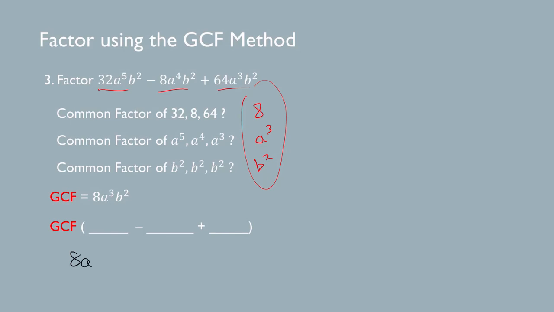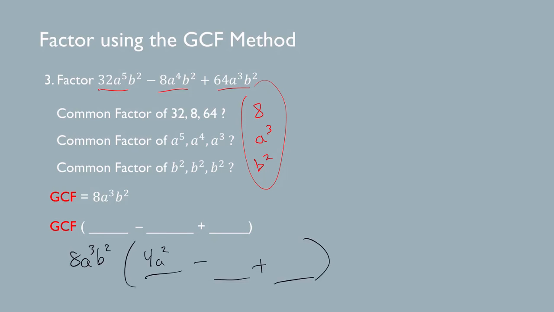So I'll write here 8a to the third b squared, and then figure out what I am putting in for each of these blanks that hold the place of the terms. So let's divide 8 into 32 and you get 4. A to the third, let's see, I've got 2 a's left behind, and b squared, I took them all out. So I've got 4a squared for my first term.